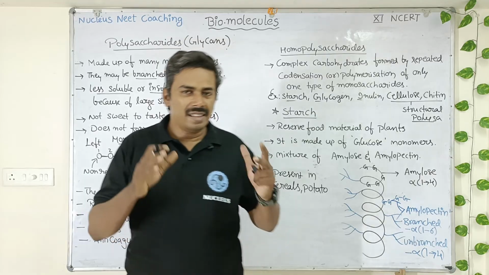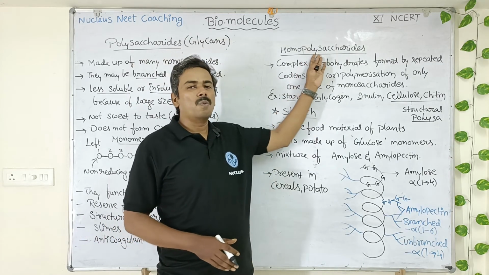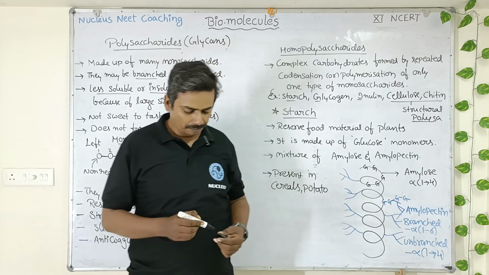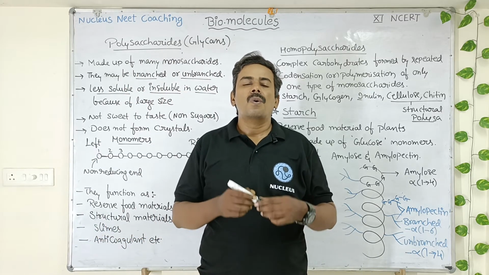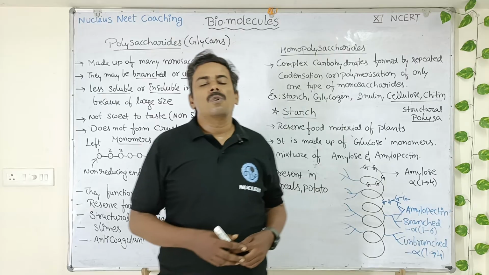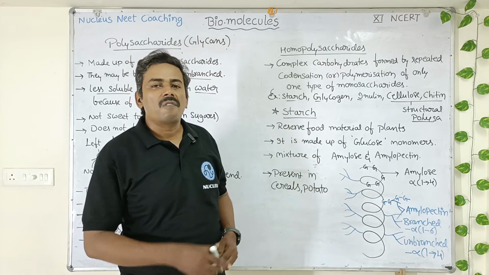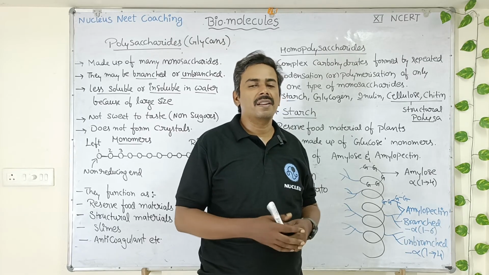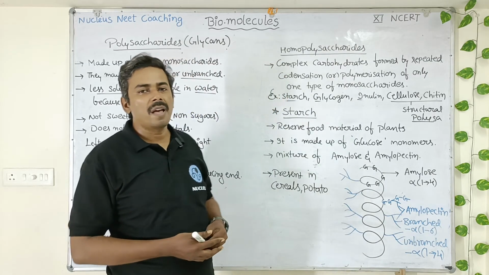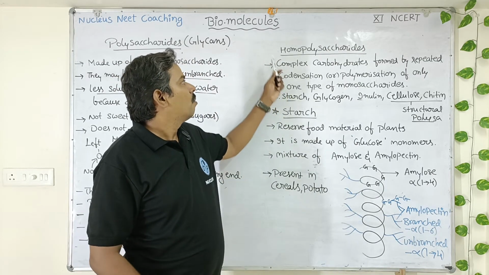So first, let us discuss homopolysaccharides. Students, what are homopolysaccharides? Homo means same. Those polysaccharides which are made up of a single type of monomer formed by condensation reaction, we call them homopolysaccharides.